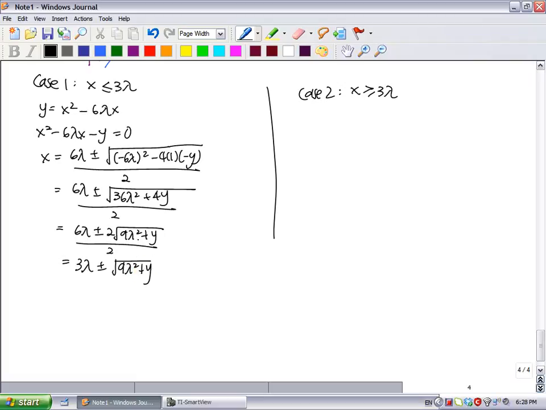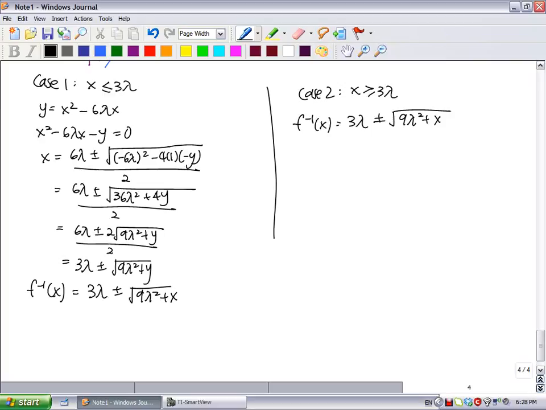Okay, so I have f inverse x actually equals 3 lambda plus minus square root of 9 lambda squared plus x, and this formula should actually be the same for both. The only thing that should be different is whether it's plus or minus, and as such the domain and the range.